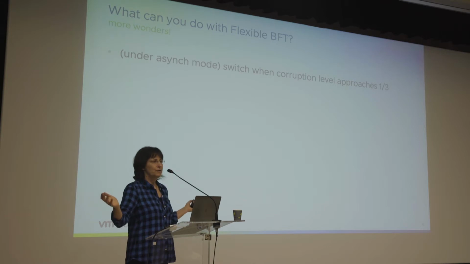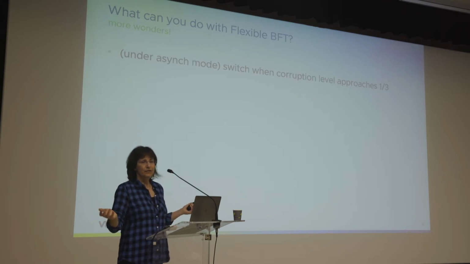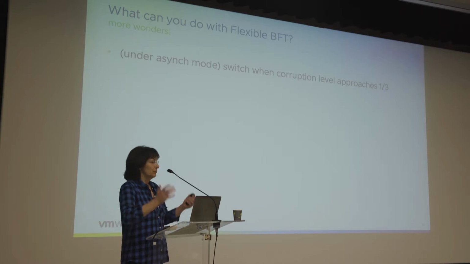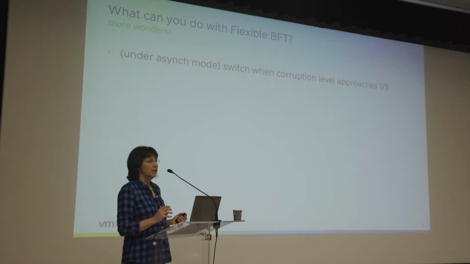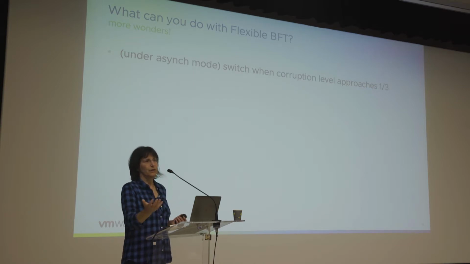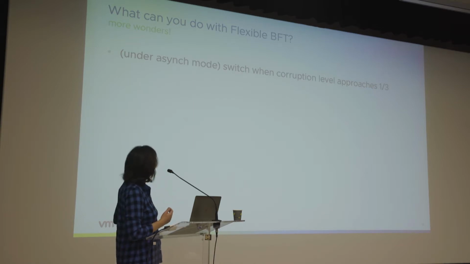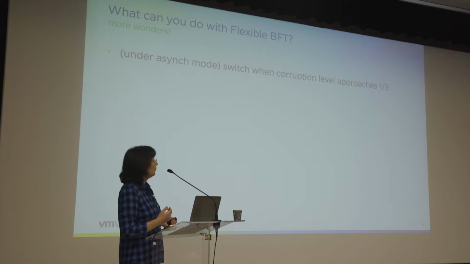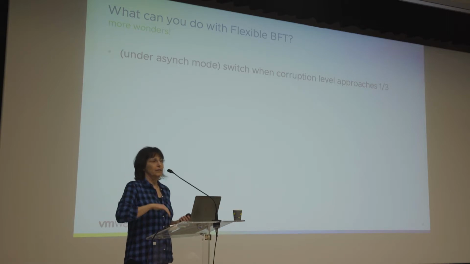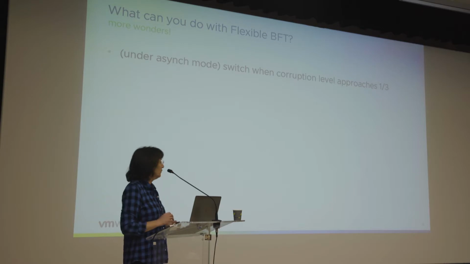And in particular, without changing the system, that's hard fork or upgrading the software completely or rewriting the entire system, or reconfiguring, without doing any of these things, if you see that the system corruption level approaches 1/3, you can switch, for example, from asynchronous to synchronous mode in the same solution.